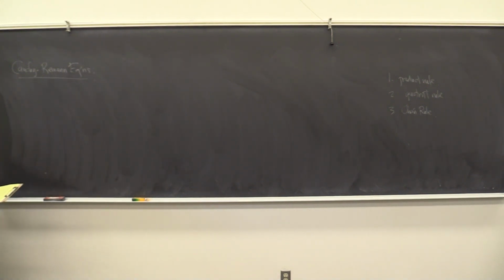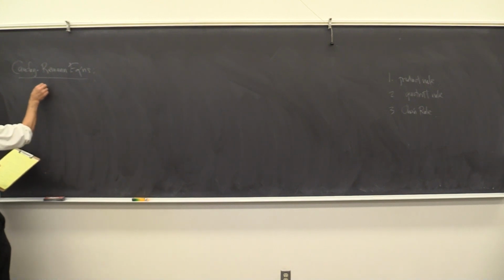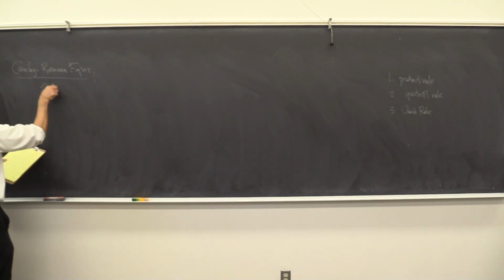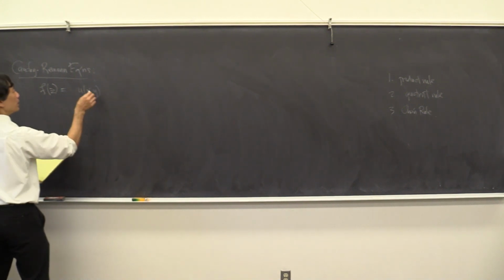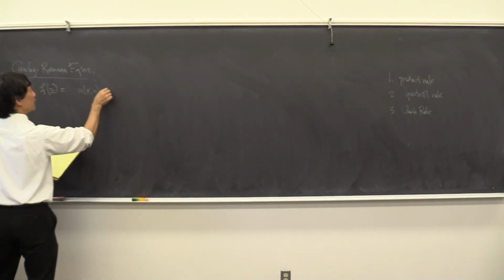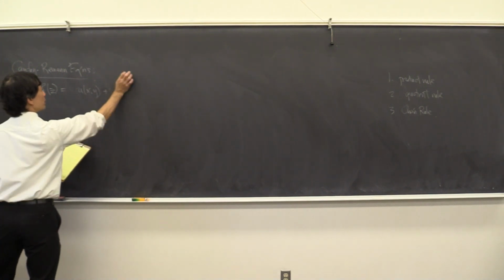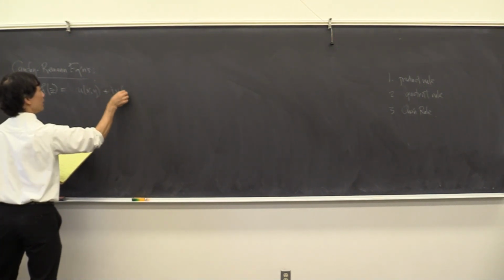Okay. So here it is. You have some function f of z, and let's give it this other way of expressing it as u of x, y plus i v of x, y.